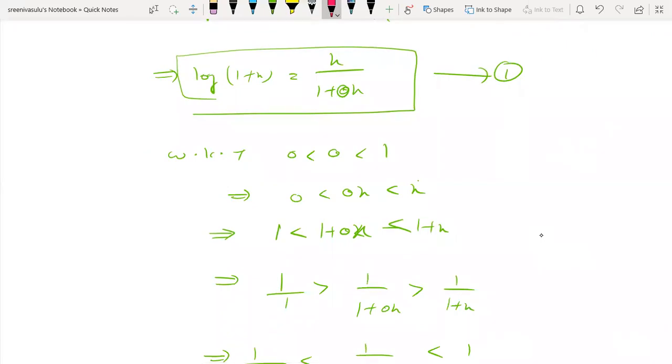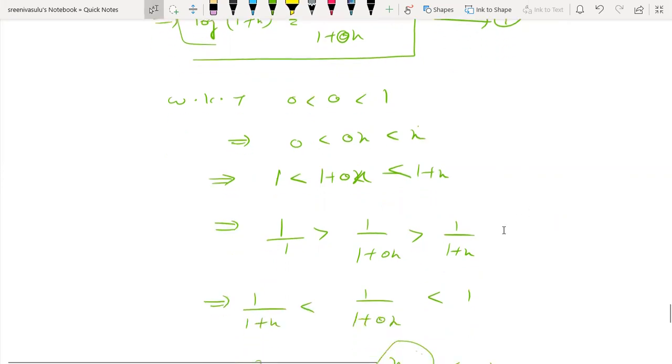We choose theta between 0 and 1, because in Lagrange's second mean value theorem, theta lies between 0 and 1. Now multiply with x: 0 less than theta x less than x. Add 1 to the above inequality: 1 plus 0 becomes 1, so 1 less than 1 plus theta x less than 1 plus x, just like the previous problem.